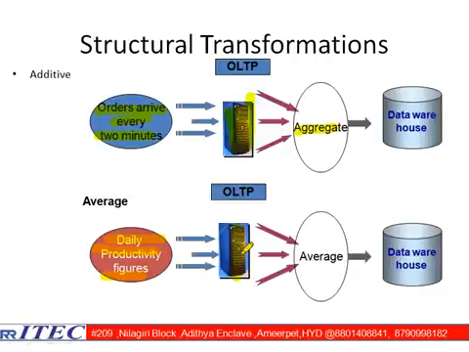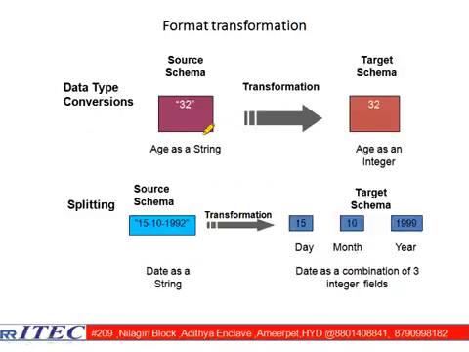That is how we get the average productivity. Converting this 2-minute data into aggregate data is called transformation, right? Converting daily productivity figures into the average is also transformation.